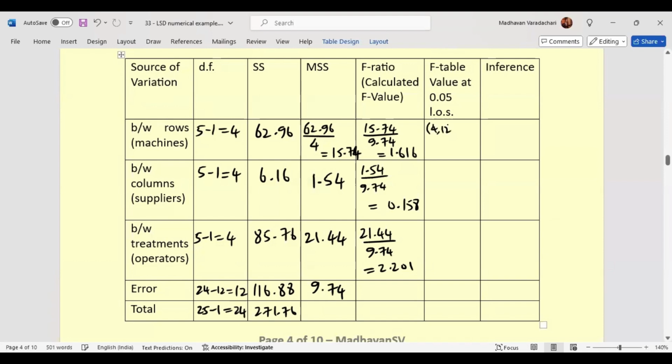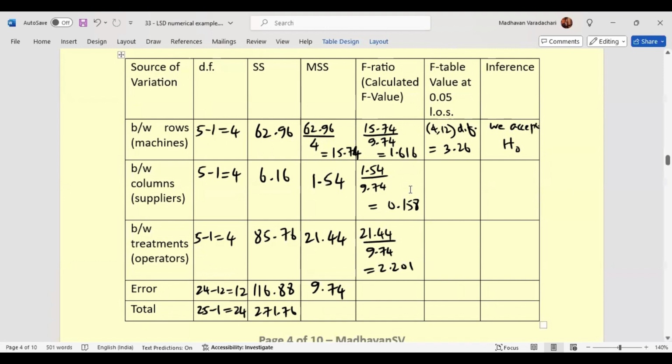For 5% level of significance, the table value is 3.26. Now we may notice the calculated value is lesser than the table value. So the inference will be, we accept H naught, meaning there is no significant difference between the production volume due to machines.